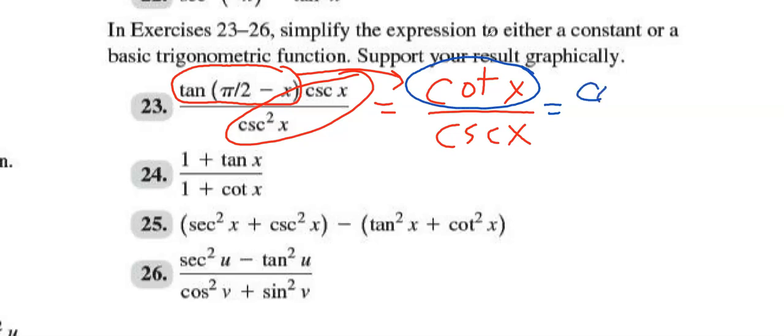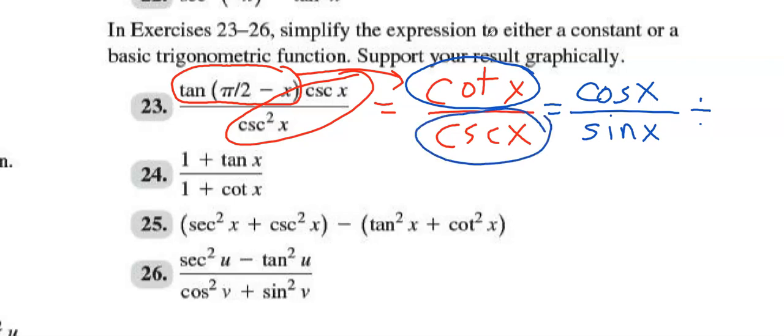That is cosine over sine. Now, instead of writing it vertically, I'm going to write it horizontally. Divided by, and what are we going to substitute in there for cosecant x? 1 over sine x, right?